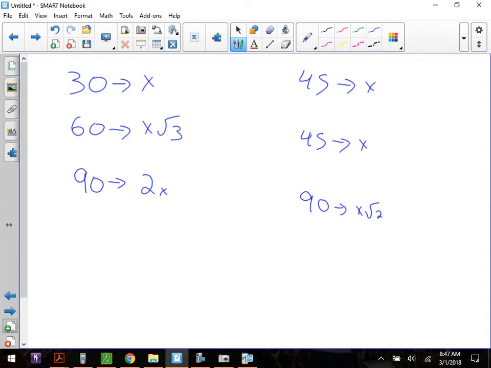And get those two sets of ratios of sides for the special right triangles. And we talked about this yesterday. Whenever you're given specific information, it's a matter of remembering that the angle always is looking at a side opposite.